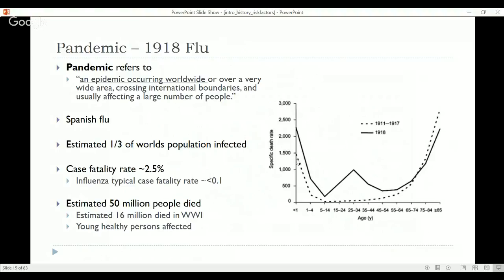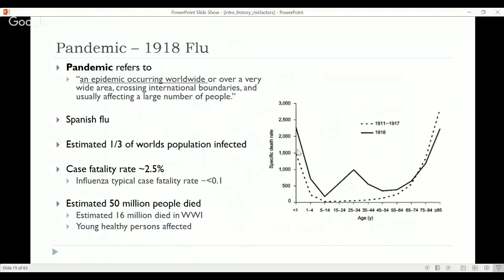So this dashed line down here is the non-Spanish flu, the flu from 1911 to 1917, and you're seeing the death rate. What you see here is that generally, in all other years before 1918, it was younger persons and older persons who died from the flu.